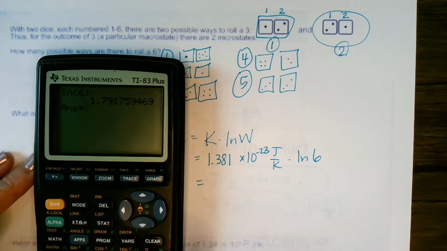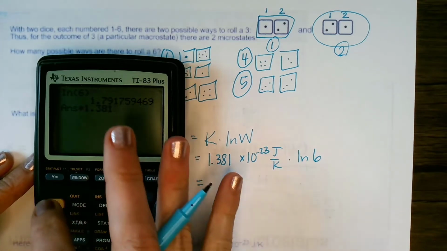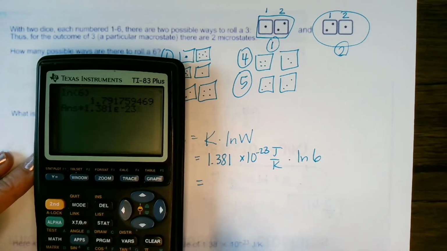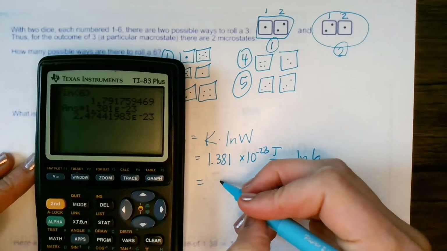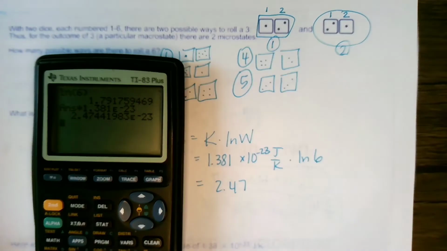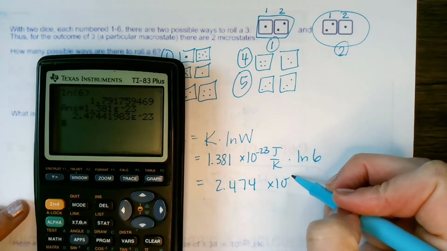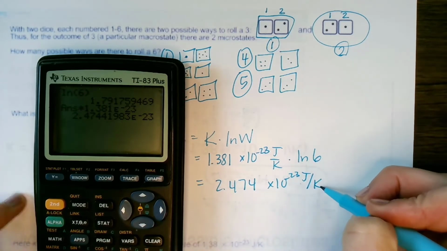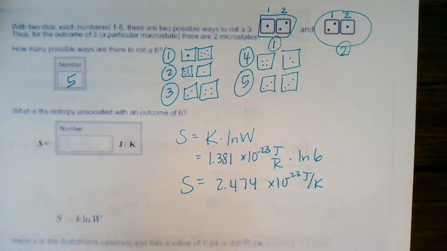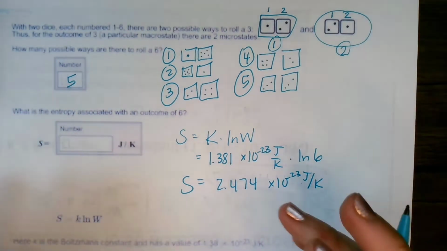The natural log of 6 times 1.381 times 10 to the negative 23rd. We should get 2.474 times 10 to the negative 23rd joules per Kelvin.